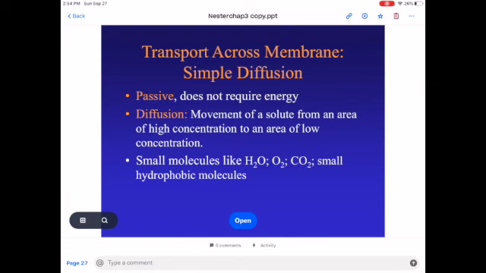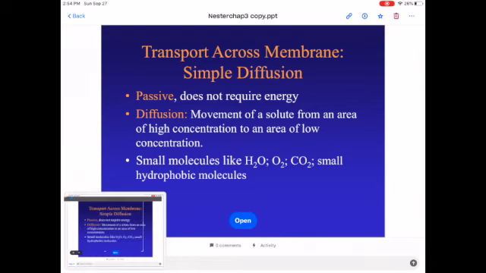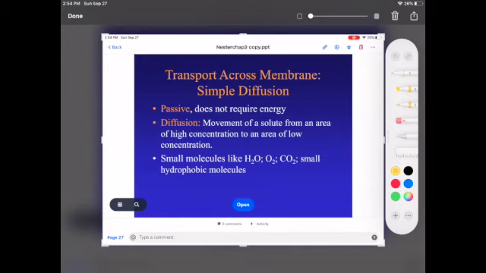And again, this is all review for you. Passive transport does not require energy. Active transport does require energy to make it happen. We'll talk about that in a minute.